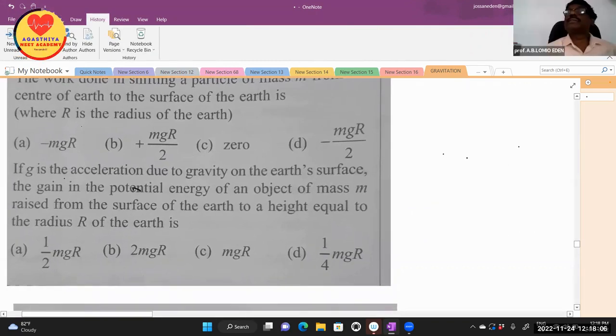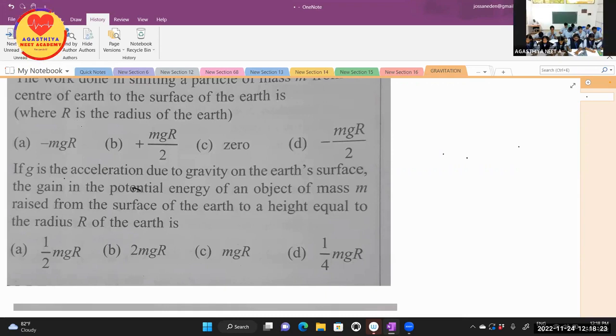If g is the acceleration due to gravity on the Earth's surface, the gain in potential energy of an object of mass m raised from the surface of the Earth to a height equal to the radius R of the Earth is. It's similar to the change in potential energy. You can try.